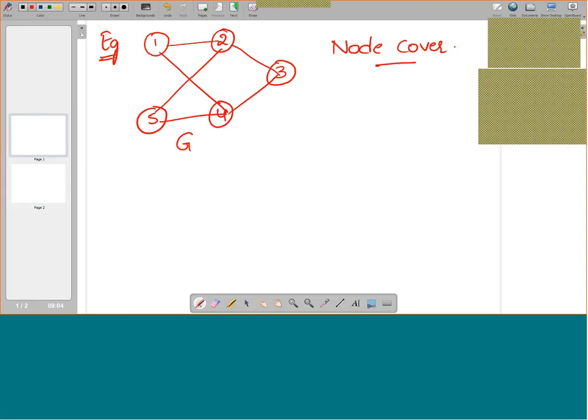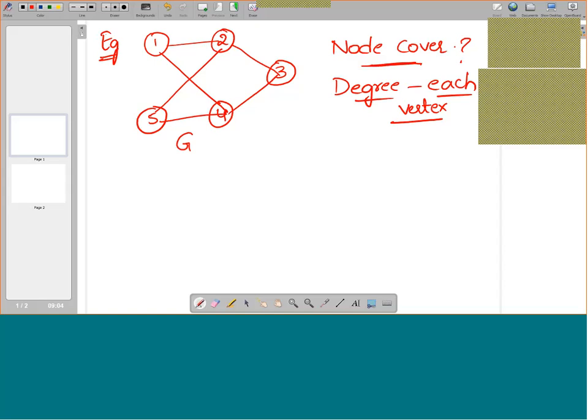In order to find the node cover, first we will find the degree for each vertex. So here, is this graph a directed graph or an undirected graph?